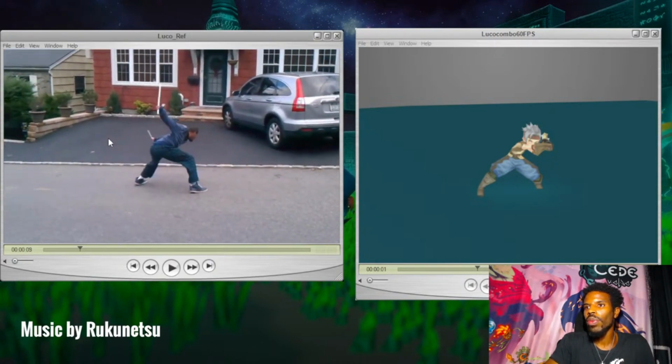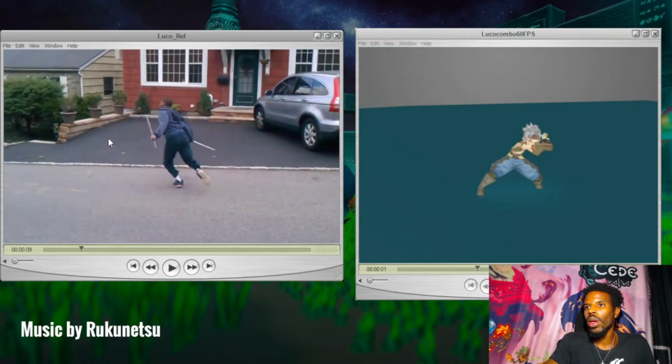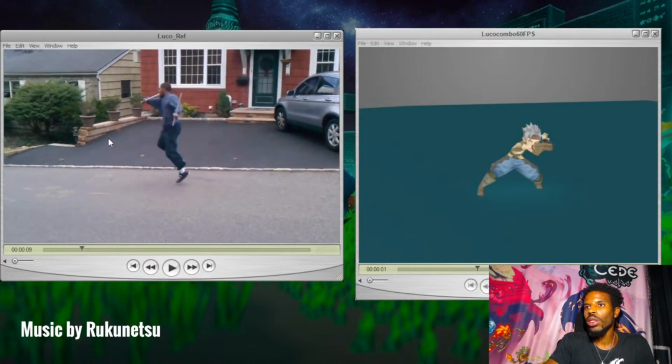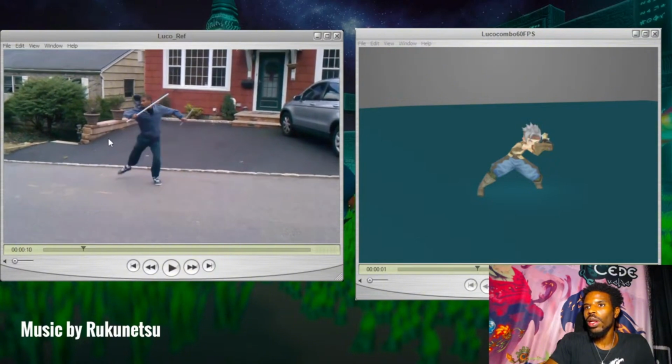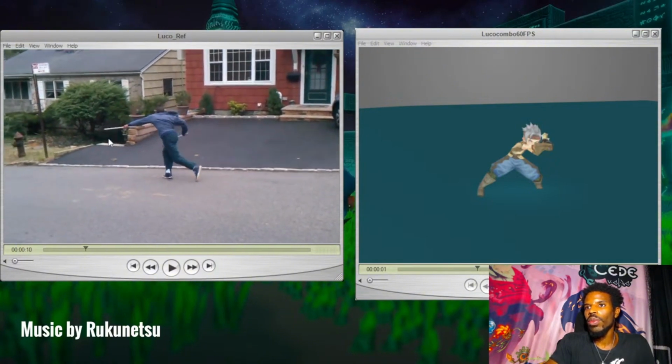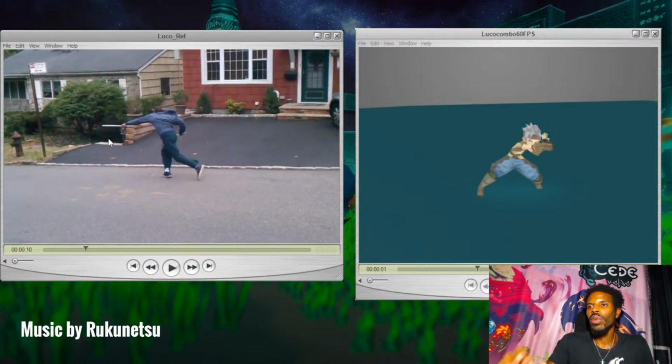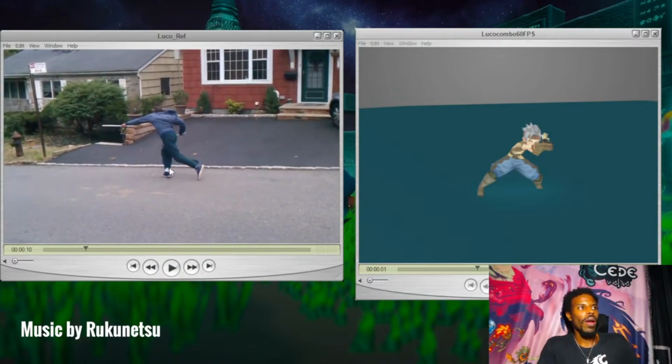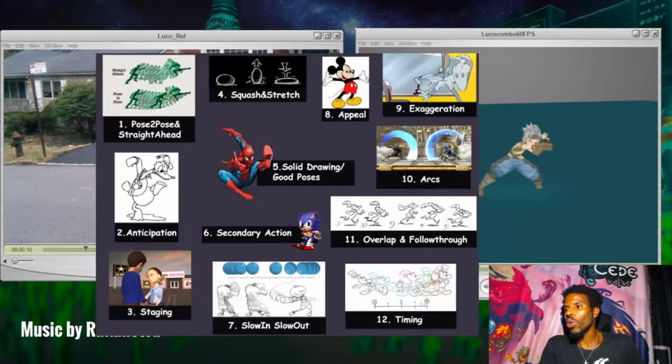Squash down. Bam. Swing. Stretch out. Land. Squash. Stretch again. So yeah. Squash and stretch, y'all. So I think I got just about everything in here.